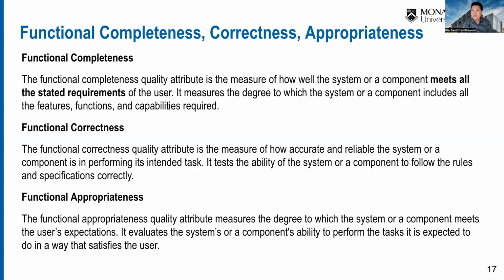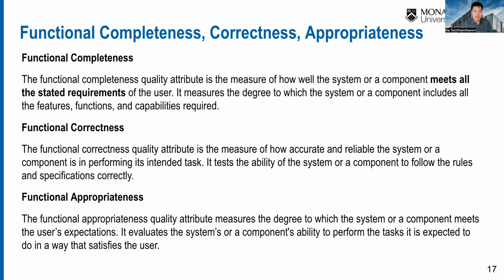For example, if we enter the right username and the right password, but we cannot log in, it means the system returns that the username and password are correct, but we cannot enter the system, then it is inappropriate.